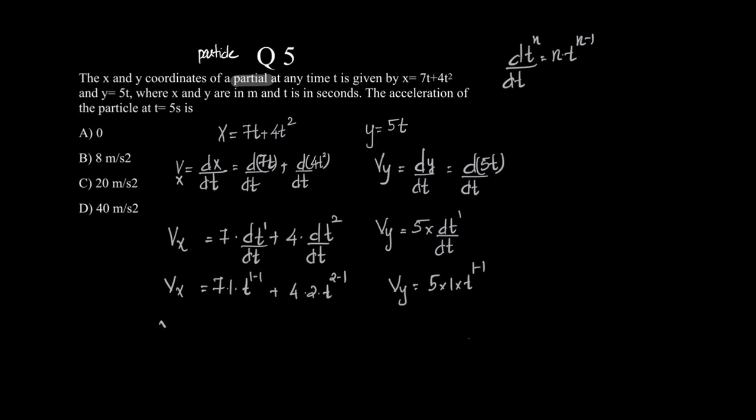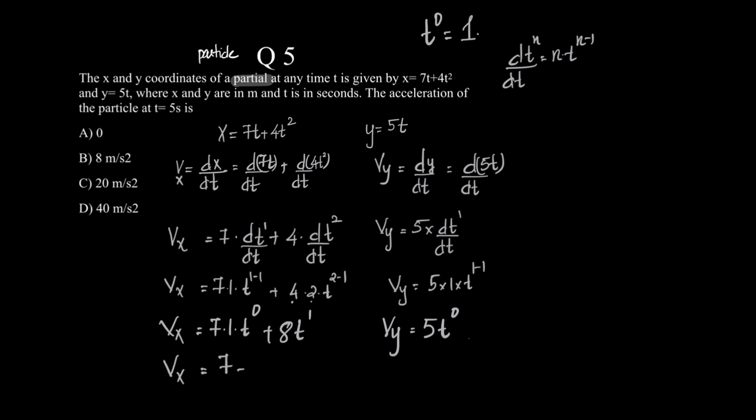So Vx is equal to 7 into 1 into t raised to 0 plus 4 into 2, which is 8, t raised to 2 minus 1 is t raised to 1. Similarly, Vy is equal to 5 into 1, which is 5, t raised to 1 minus 1 is t raised to 0. Now we know that anything raised to 0 is equal to 1. So Vx is 7 plus 8t and Vy is 5.